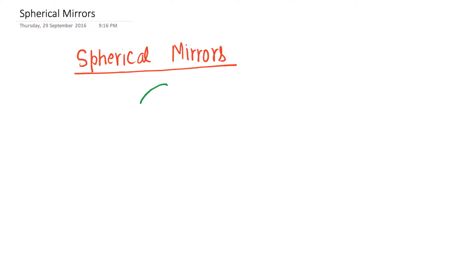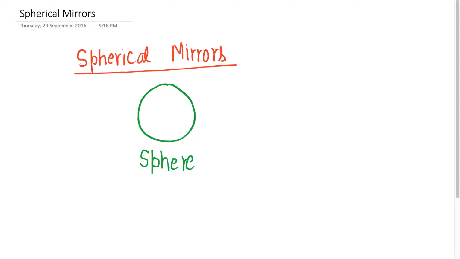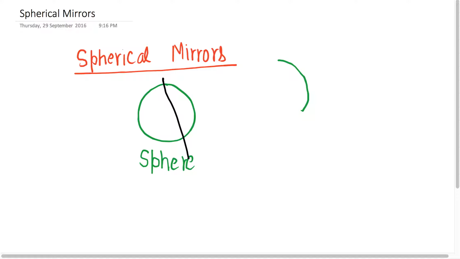So you have a sphere here. This is a sphere, and we cut one of the sections. So we cut like this, and as a result, we get a section. So this is the section that we get.